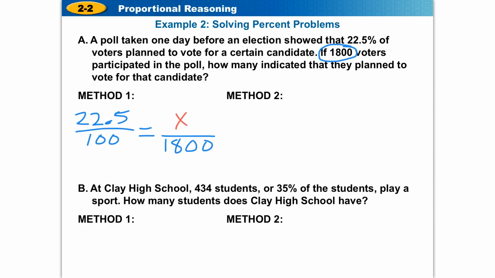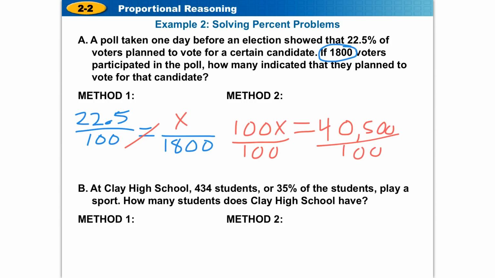We do know that it's 22.5%, but we don't know the total. So now from here we're going to cross multiply and solve. So after we cross multiply, now all I have to do is solve for x. We divide both sides by 100, and then we get x equals 405. That means that 405 voters voted for a certain candidate.